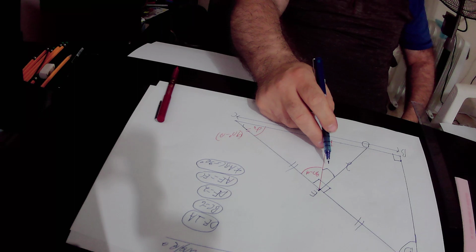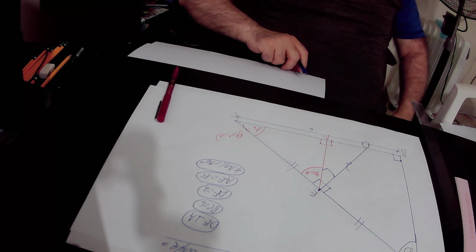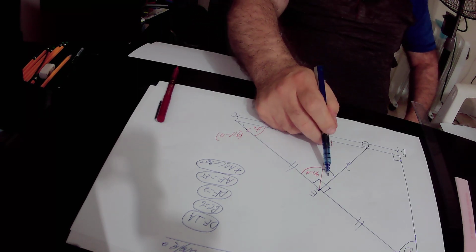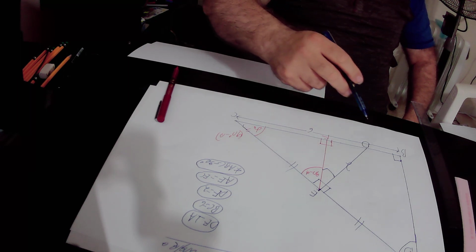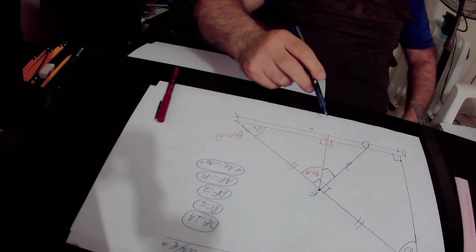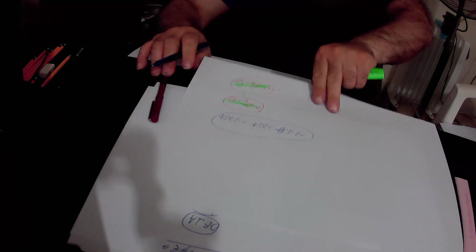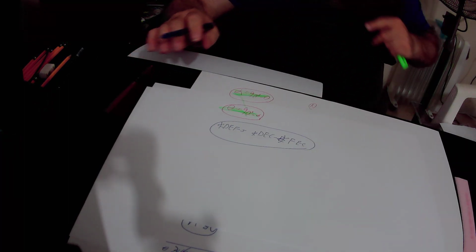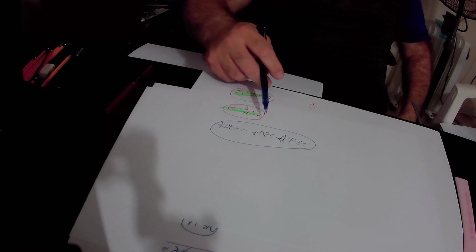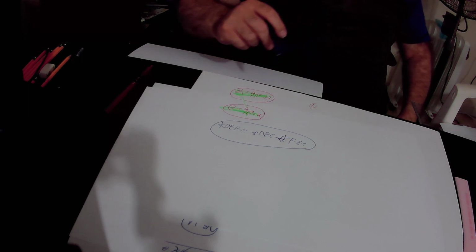Again, this angle DEF equals angle DEC minus angle FEC. I'll repeat again, the value of angle DEF equals angle DEC minus angle FEC.